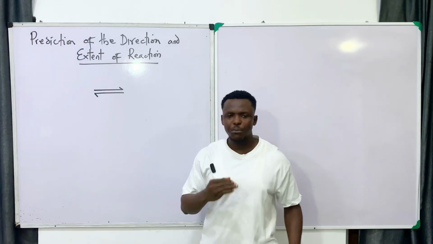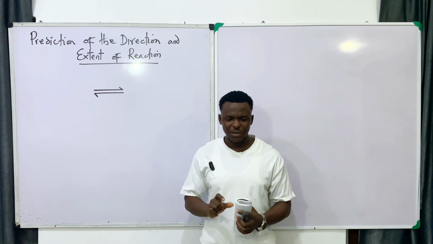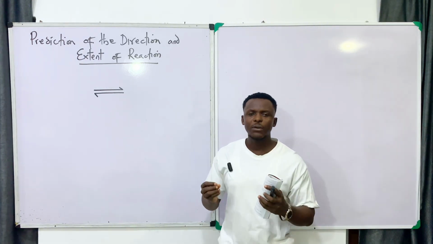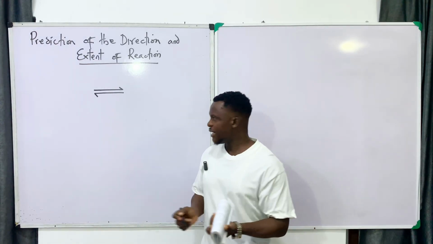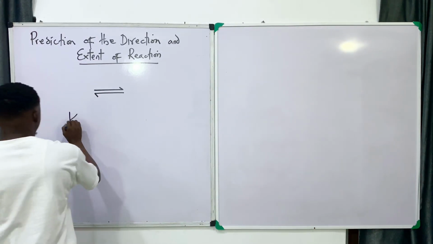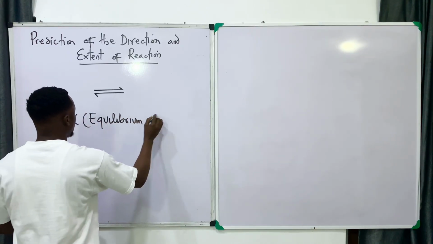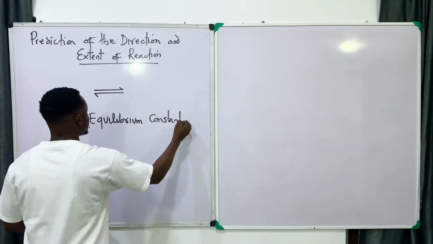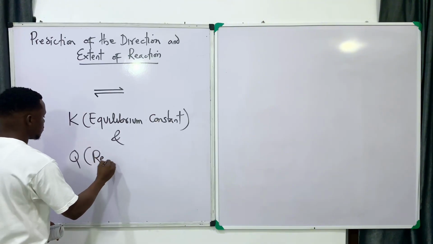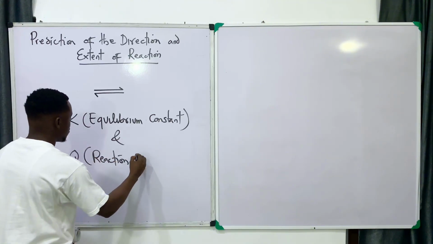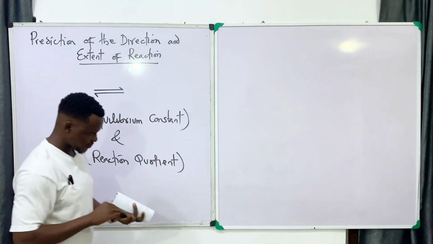Now, for us to be able to predict the direction of an equilibrium reaction at a given point in time, we're going to be comparing two parameters. The two parameters are the K, equilibrium constant, and the Q, reaction quotient.